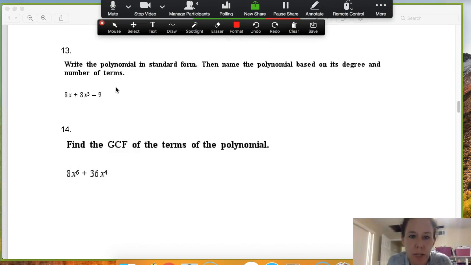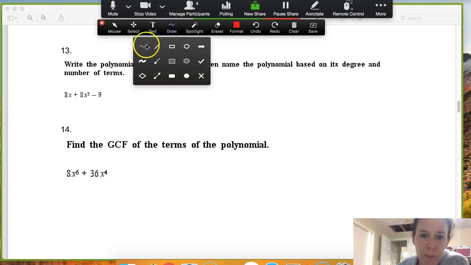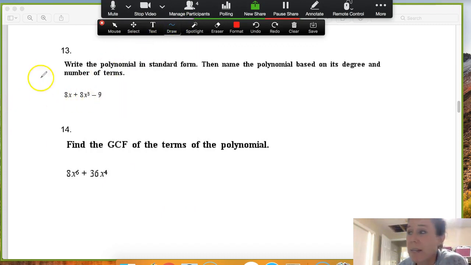Write the polynomial in standard form, then name the polynomial based on its degree and number of terms. Okay, let's first put it in standard form. Standard form means I start with my highest degree term and I go down. So which term would I start with here? 8x cubed. Yes.